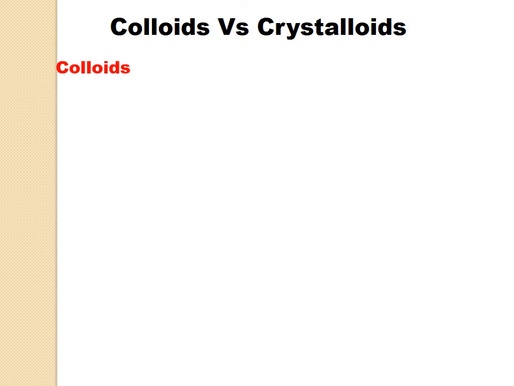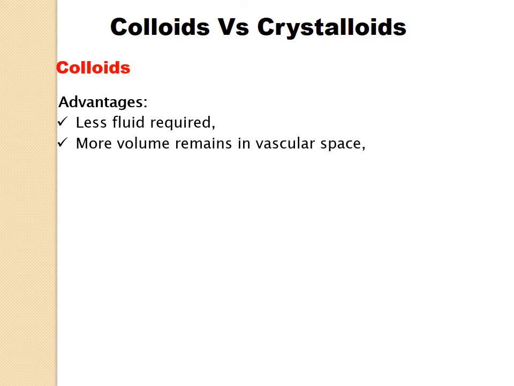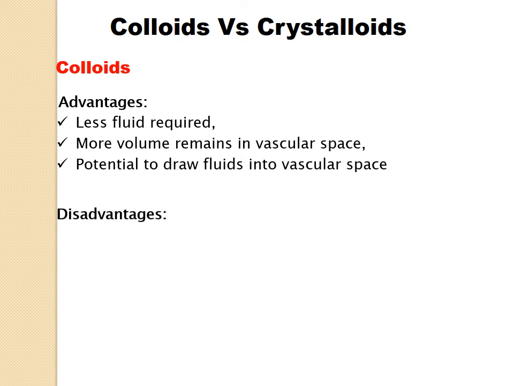First, have a look at the advantages of the colloids. The colloids need less fluid, more volume remains in the vascular space, and they have the potential to draw fluid into the vascular space. And the disadvantages of the colloids are: expensive, potential for allergic reactions.